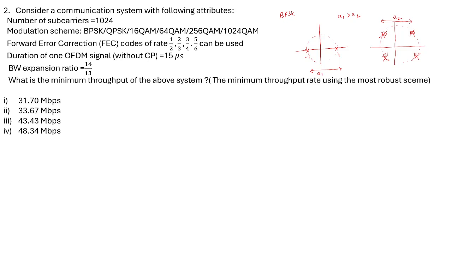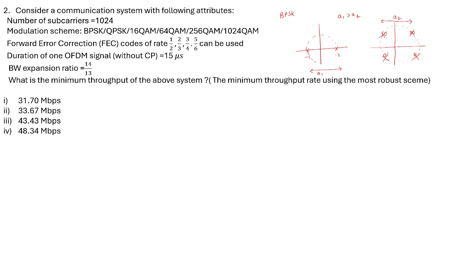And from the Shannon capacity theorem, we have seen that you can always transmit data with arbitrarily low probability of error if the rate is less than or equal to channel capacity, and that is a function of SNR.